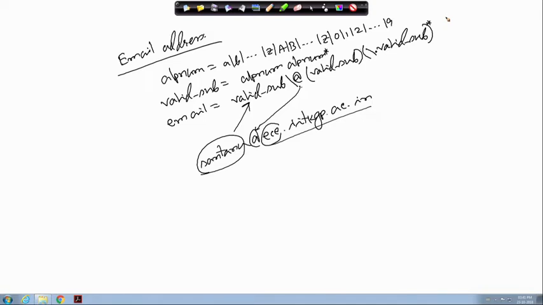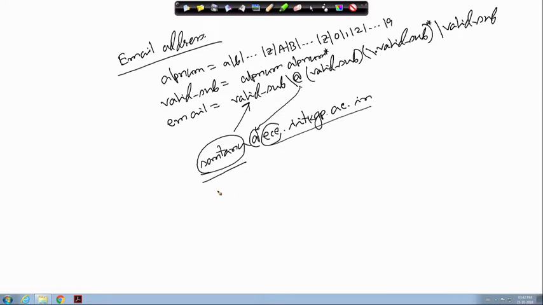Sometimes in an email ID we may not be mentioning all these symbols. It can be that it is just one valid sub part. So, we can put an OR with valid sub, telling that there is no @, I just write Shantanu, I do not write anything else.